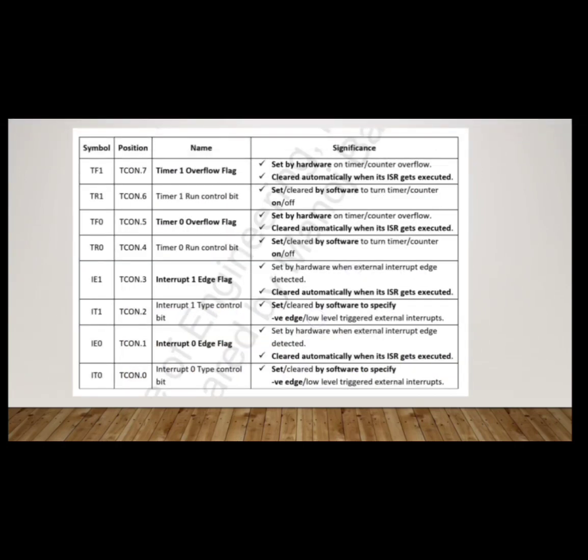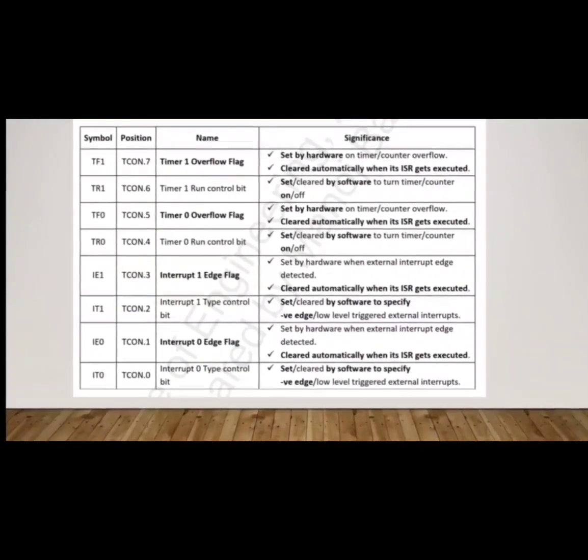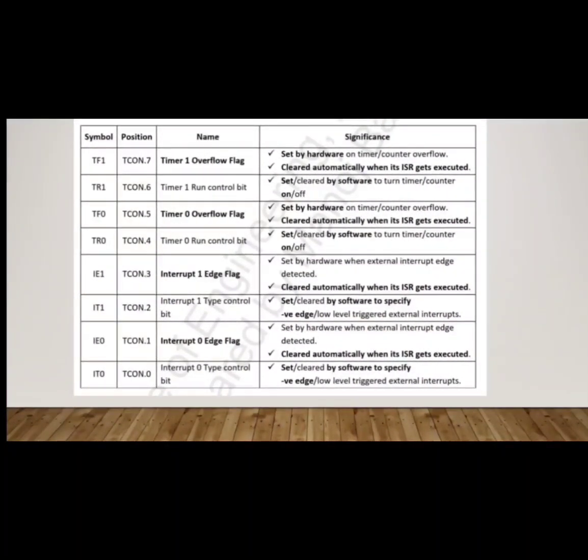So these are the 8 bits of the TCON register, TCON 0 to TCON 7. First, TCON 7 is the timer 1 overflow flag, and TCON 5 is the timer 0 overflow flag.